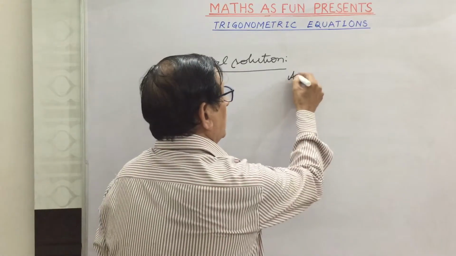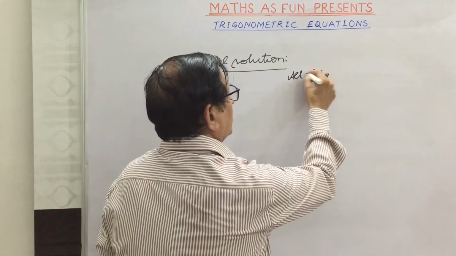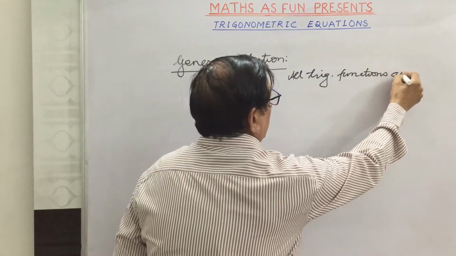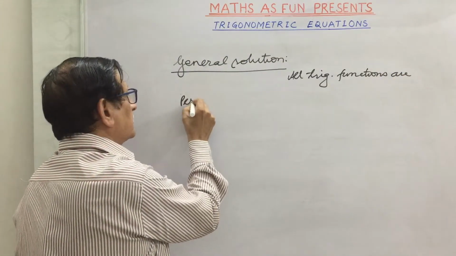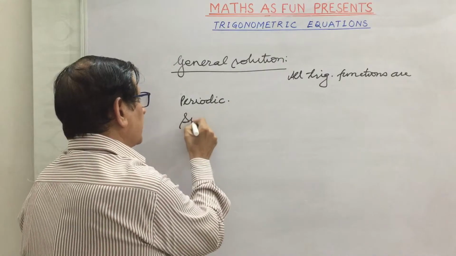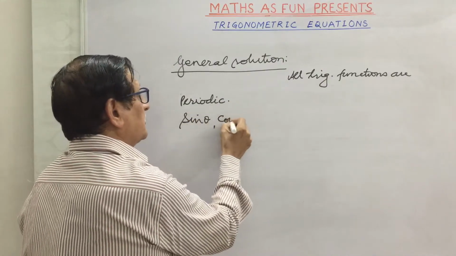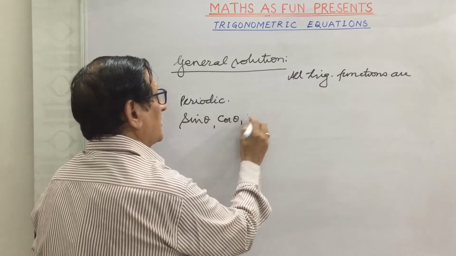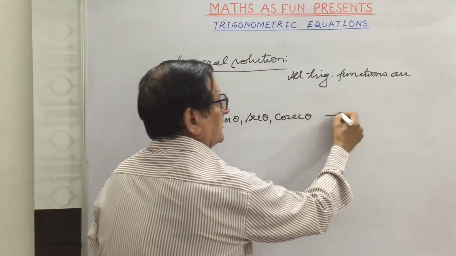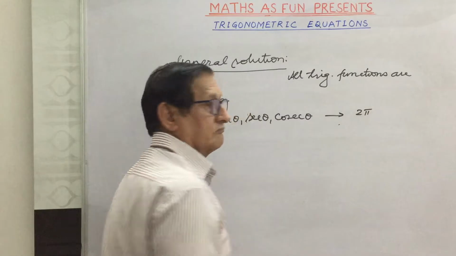So we can write all trigonometric functions are periodic. Like if we talk about sine theta, cos theta, sec theta and cosec theta, their period is 2 pi.